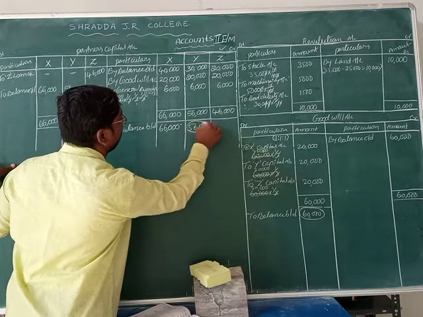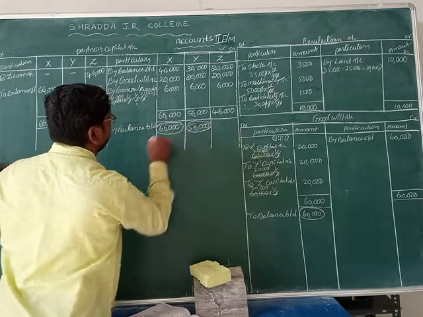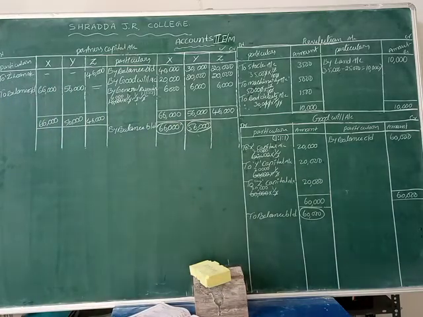These two capital amounts you can record in the partners' balance sheet on the liability side. Capitals: X 66,000 and Y 56,000, we can write now. Okay, so finally how many partners does the business have?